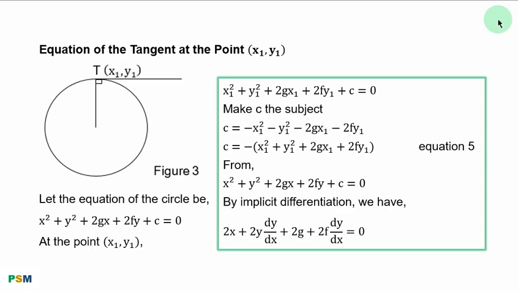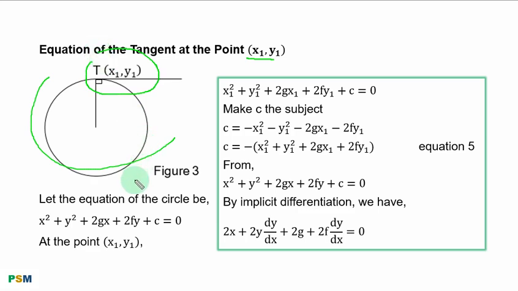You have the equation of the tangent at the point s1, y1. You have the circle. The tangent is the point of intersection T with the circle.